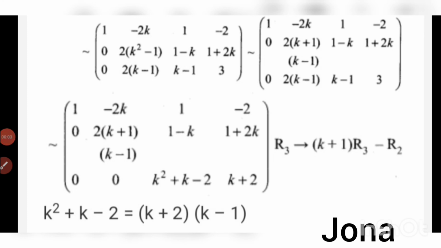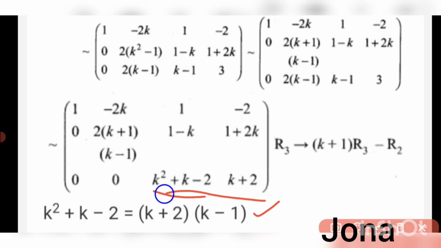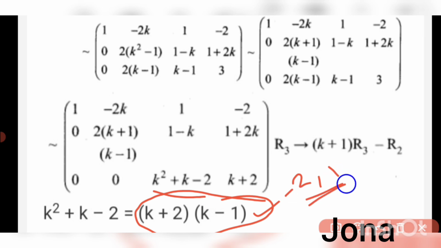From this k squared plus k minus 2, we have the factors k plus 2 into k minus 1. By using this factor, we get the values of k as minus 2 and 1.